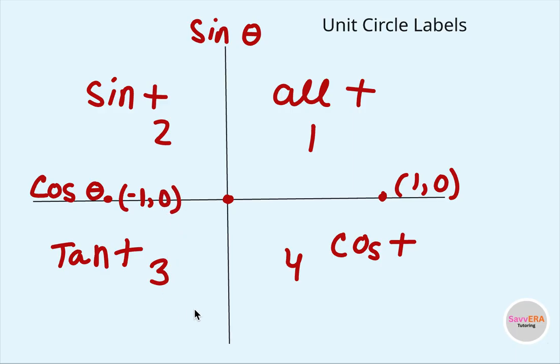We label this right here as (0, -1), and over here it'll be what? (1, 0), or sorry, (0, 1). Because our x values come first, so it'll be (0, 1).